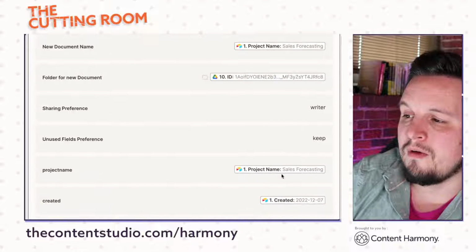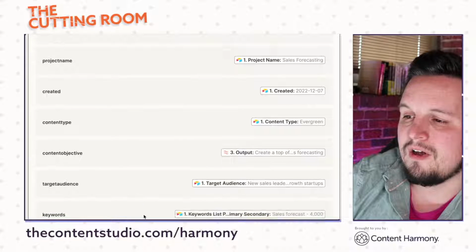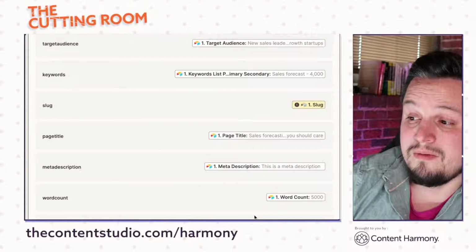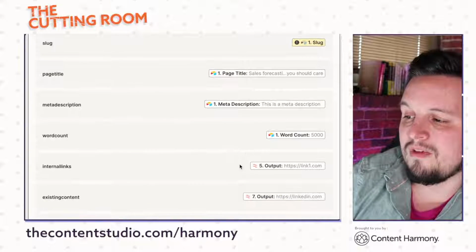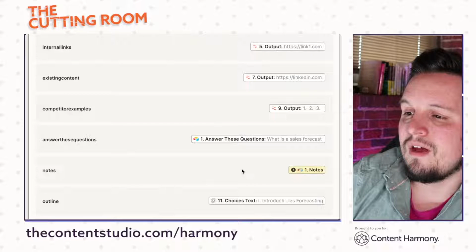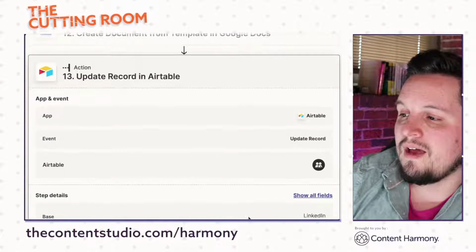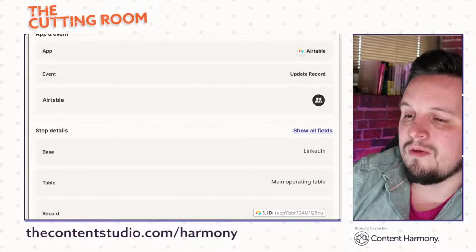It will put in there the project name, when it was created, content type, right? Everything that I was showing you before is all automatically generated from Zapier. So the stuff that I put in Airtable shows up in Zapier, and it goes through Zapier and then creates it. And then it will update the record, and then it will attach the document back into the record.